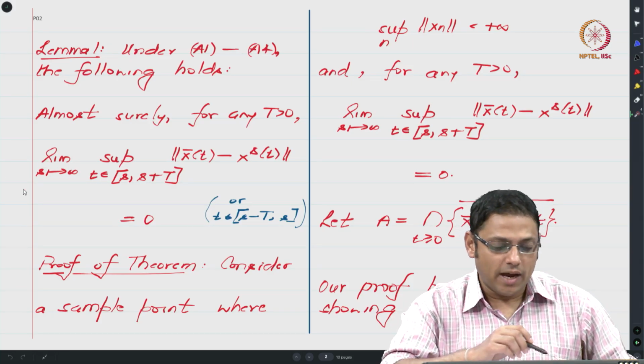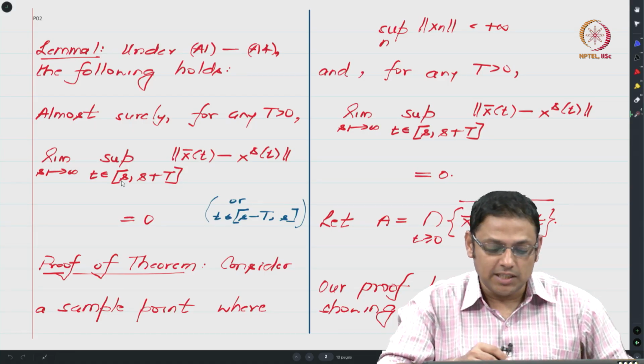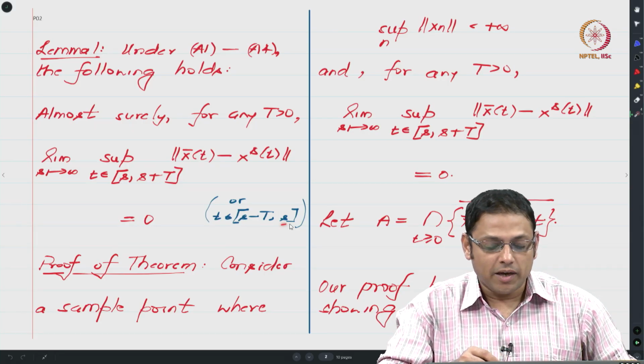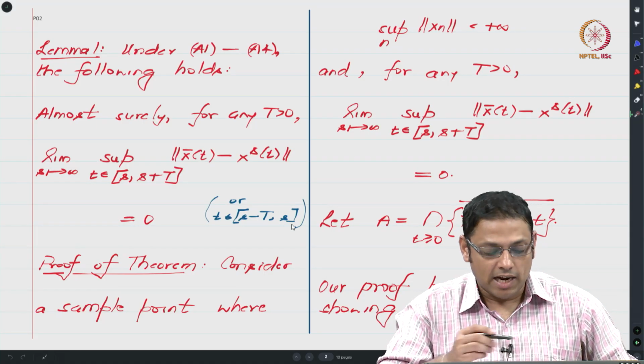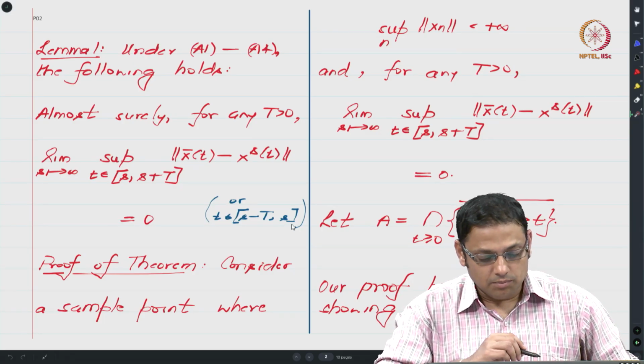And we also had an analogous result where instead of looking at the window from s to s plus t, we look at the window from s minus t to s, and we said that that also goes to 0. And then we started proving this theorem that we stated on the previous slide.